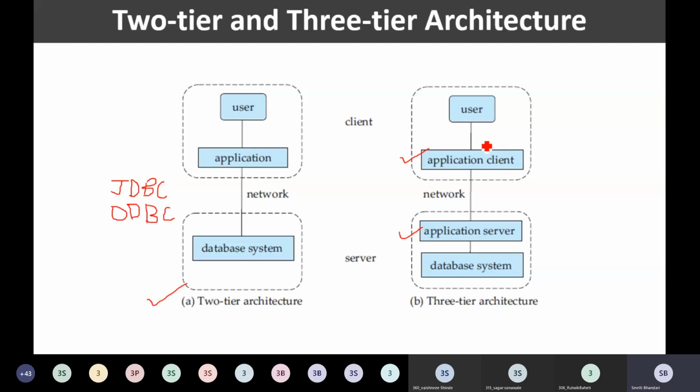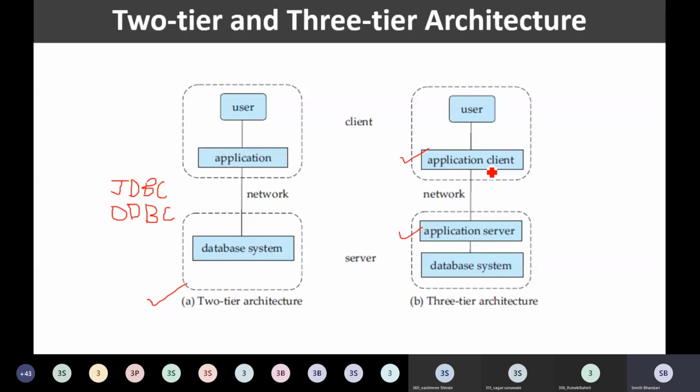The clients interact with the database system through the application client, and this is typically a browser. So through the browser, I am reaching the underlying database system that is available at the server. Also, at the server side, I have the application server. So business logic is actually present at the server side and not at the client side.